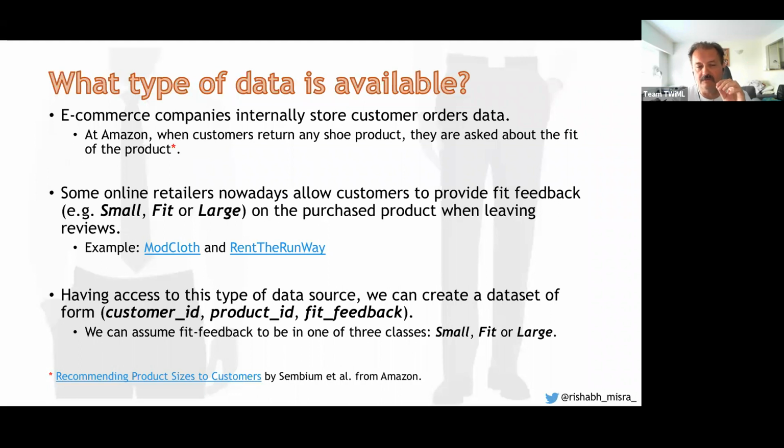I'm just curious, were they just flags, or scalars? Yeah, from the data set we collected, they allowed customers to provide feedback in a structured format, and they had one field asking whether the fit was fit, small, or large. Oh, okay, so three labels. That's all you need. Yes, those are the three labels we have.